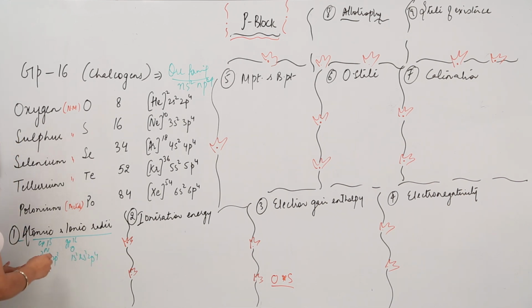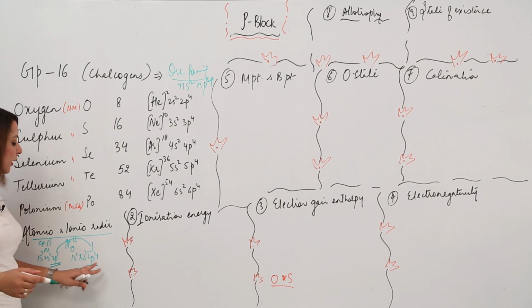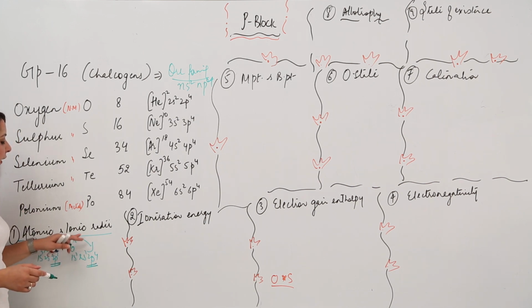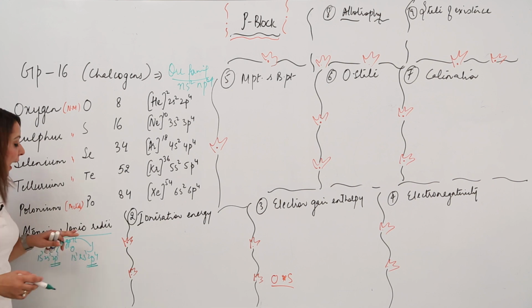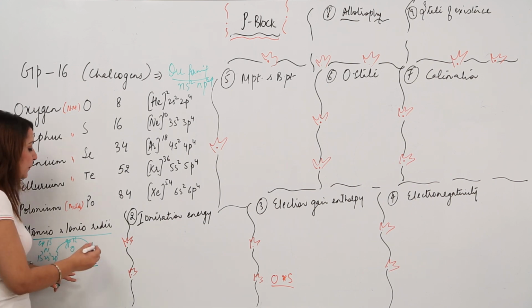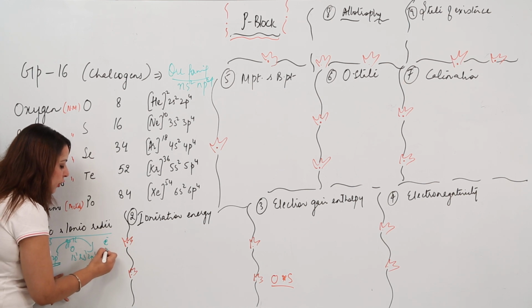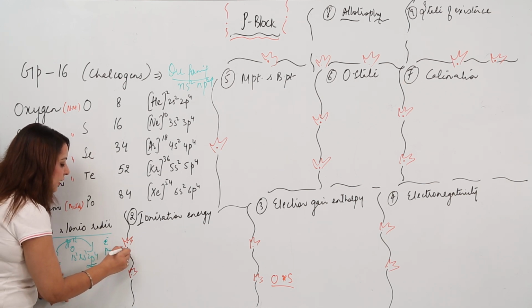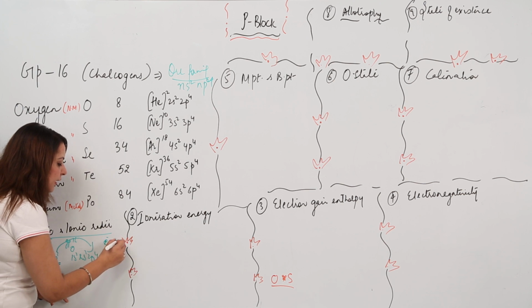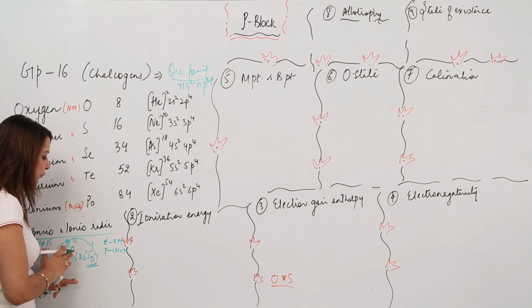The shell remains the same, 2p, but now one electron is added to it. When an electron is added to the same shell, an equal number of protons also add up, so nuclear charge increases, and repulsions are also higher compared with the 15th group.